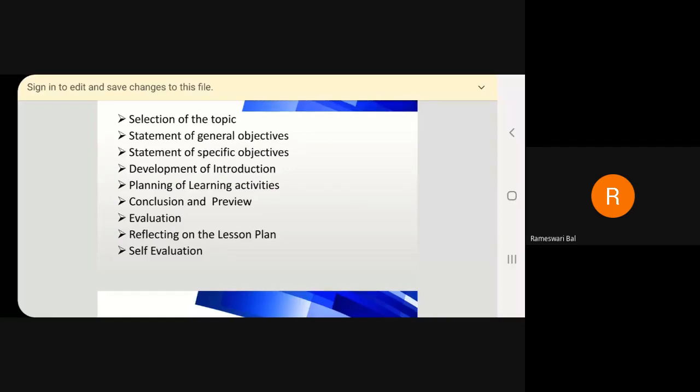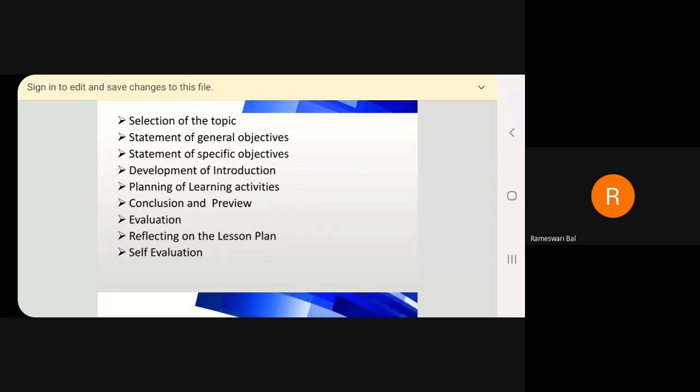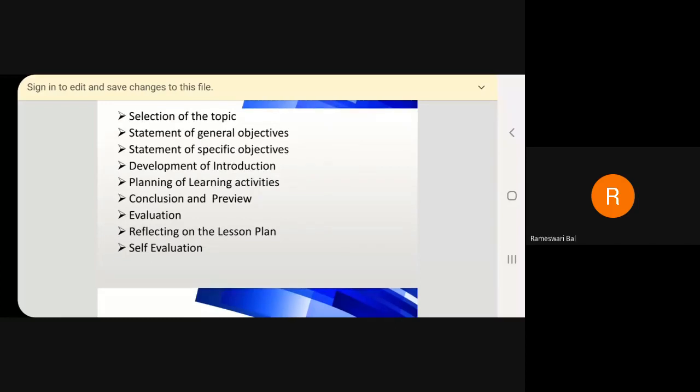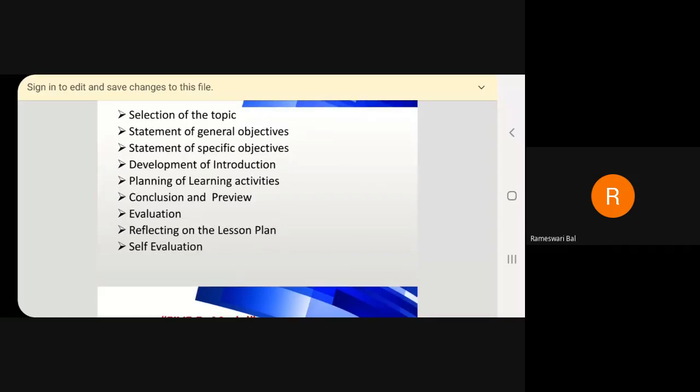So for the 25 minutes, I have to plan how I am going to present the lesson to our children. For that purpose, the important thing is that I have to select the appropriate method, which method I have chosen to present the lesson. Here, selection of the appropriate method is on the basis of the content and on the basis of the mastery of the teacher.